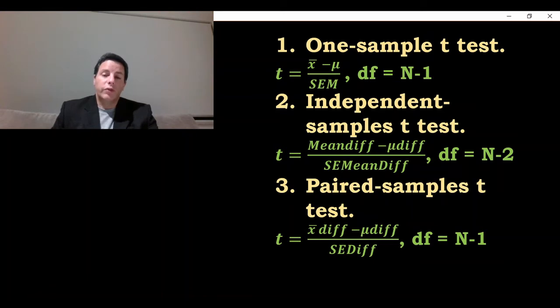The t-score is calculated by obtaining the mean of the difference scores. So this is different than what we did with the independent samples t-test. In the paired samples t-test, we've got two samples, but they are paired. Paired in what sense? In the sense that these two values are not independent.